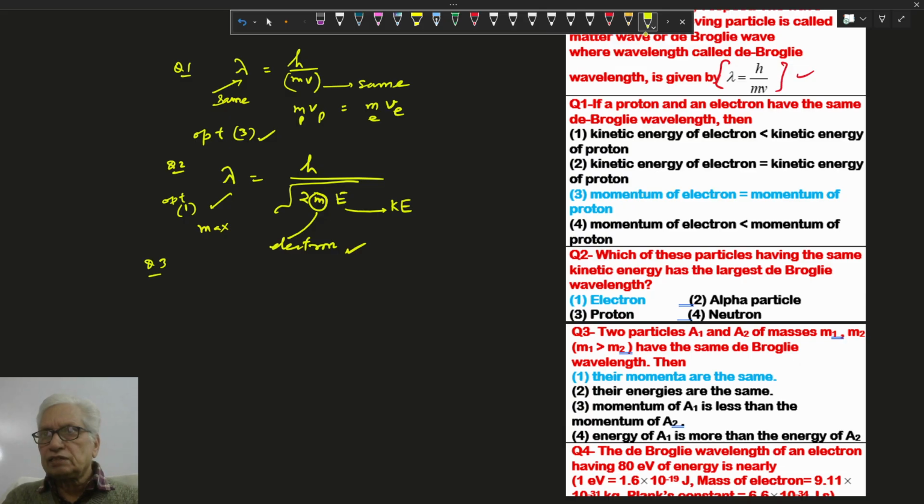Now question 3. Momentum is same. We have discussed here. This is the momentum is same for both.